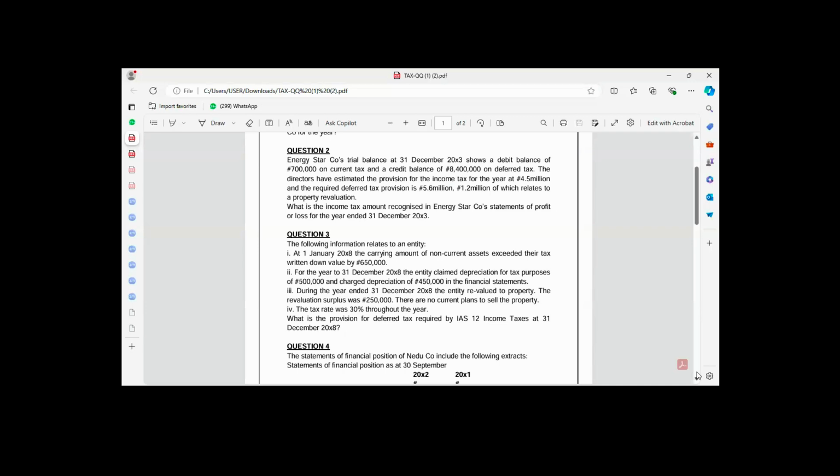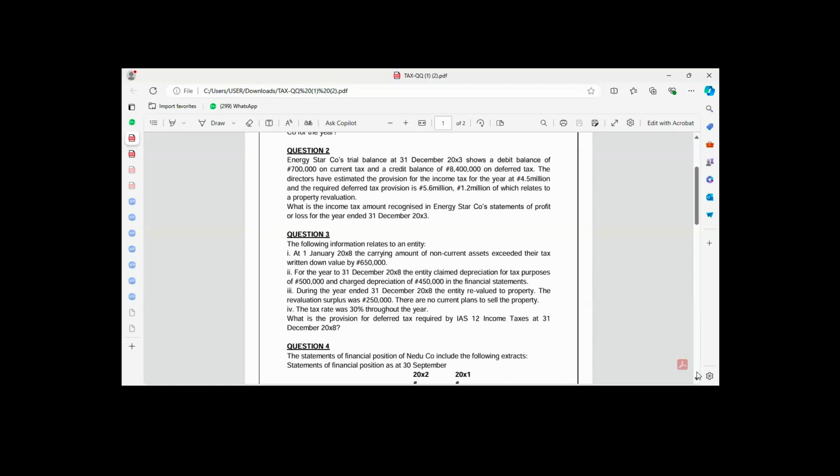When depreciation is greater than capital allowance, it goes to the P or L. Add it to the beginning. That's all. The revaluation, multiply by 30% to create a deferred tax. Add it to it, that is the end.